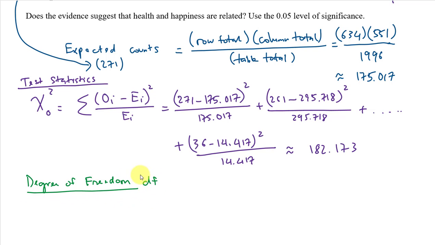How do we calculate the DF value? Well, the degree of freedom DF has the formula R minus 1 multiplied by C minus 1. R is the number of rows, C is the number of columns. How many rows do we have here?